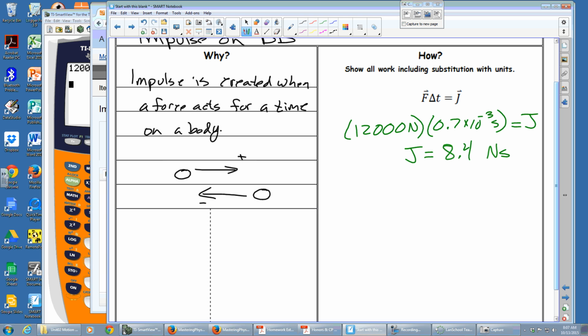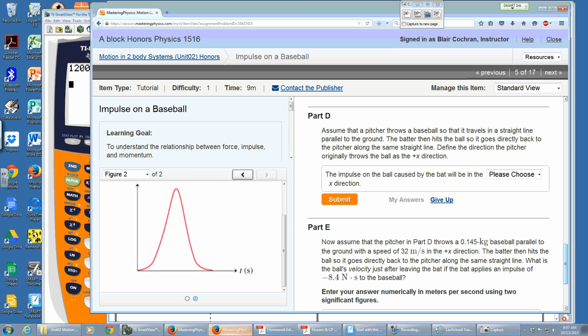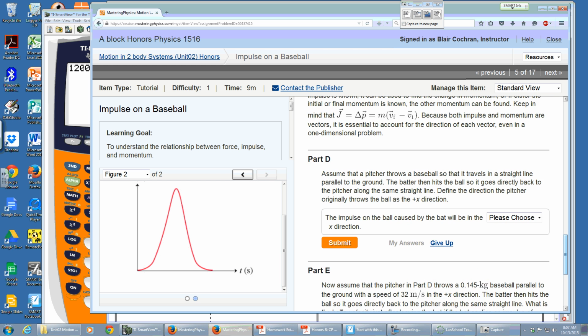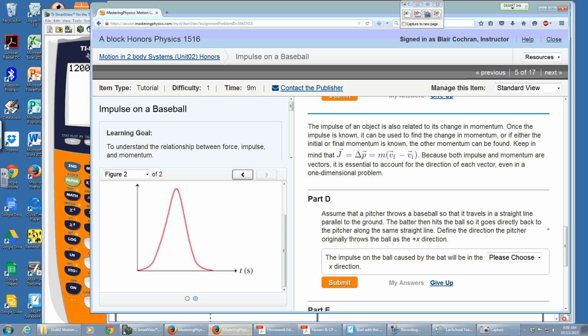Negative. So, if we use the equation that they gave us here, this one here, we'll use that.